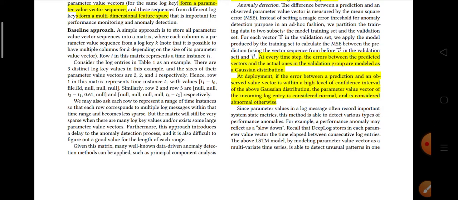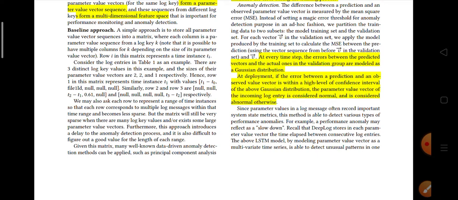See, now you have two models. One is the log key model, and the second one is the parameter model. So now new test data is coming, and you get a new set of predictions. The next sequence is predicted. How will you understand whether there is an anomaly or not?